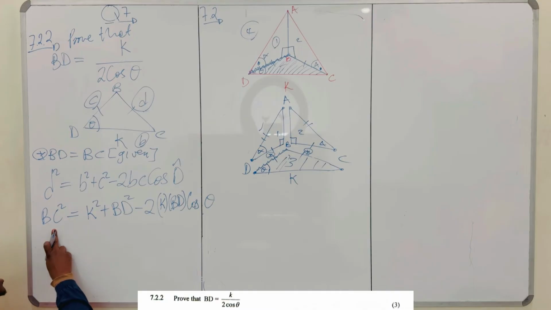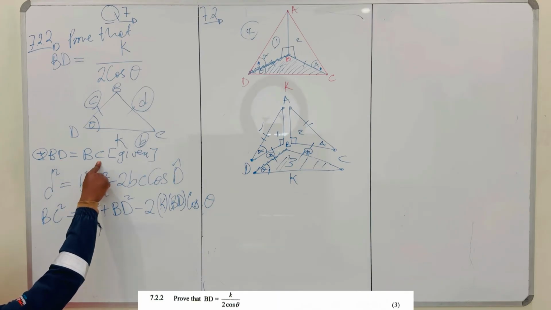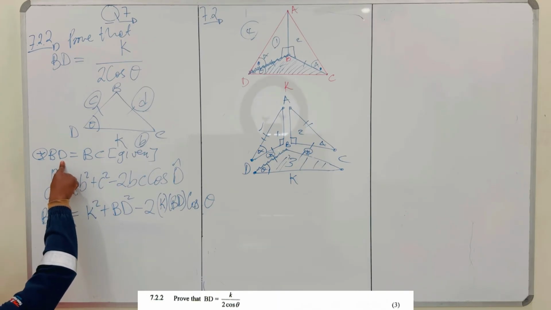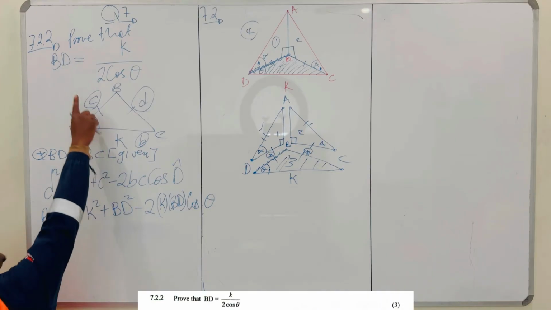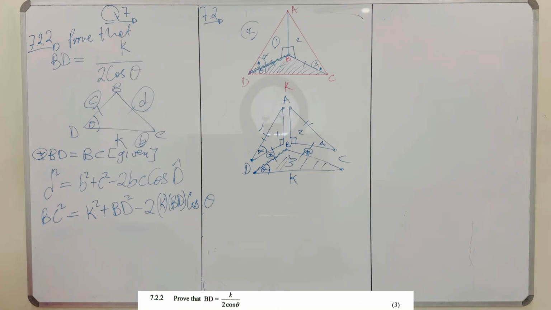We are given that bd is equal to bc, and you're trying to find bd. Express this bc in terms of bd because that is what we're trying to find in the first place.